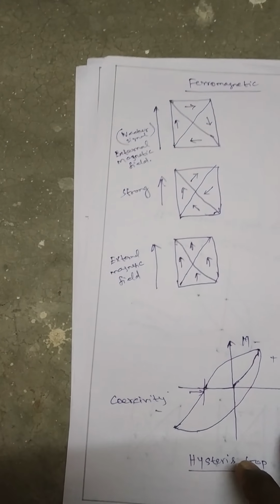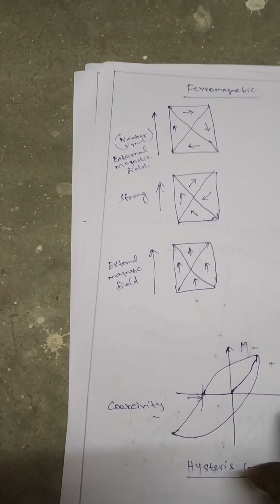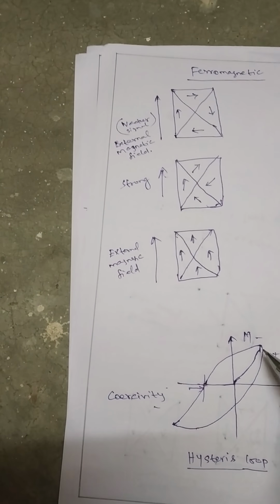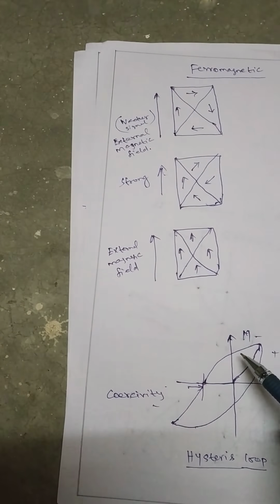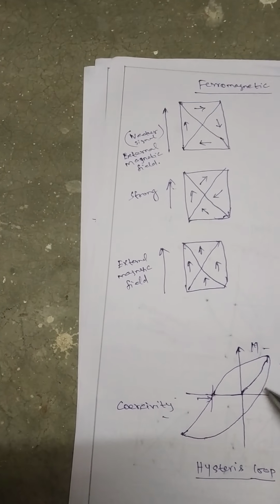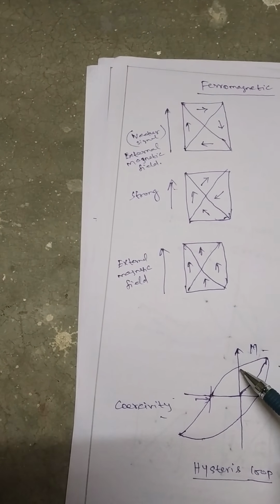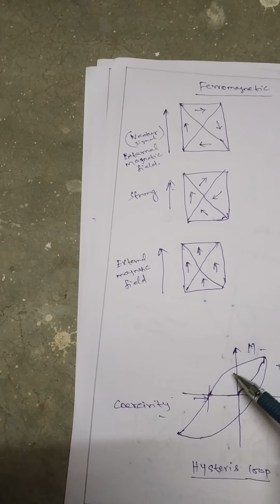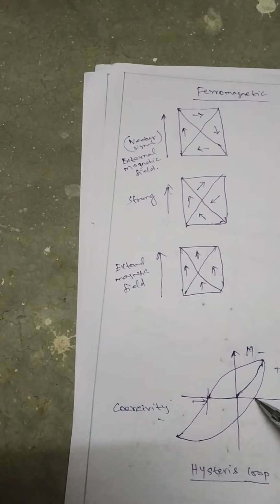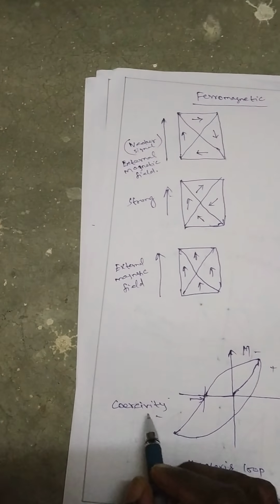Coercivity means the amount of magnetic field that needs to be applied to bring the magnetism of the material to the 0 position, so that there is no magnetism in the material. That is called the coercivity.